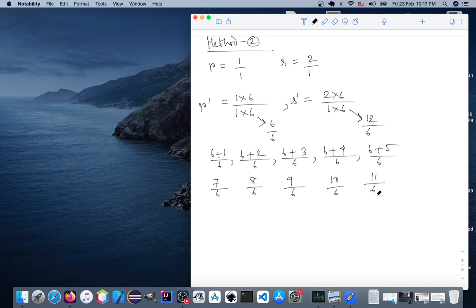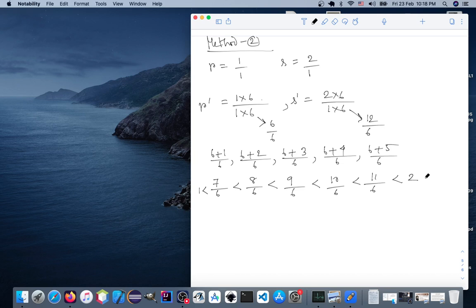These are the 5 rational numbers that lie between R and S. You can see that 1 is less than 7 by 6, is less than 8 by 6, is less than 9 by 6, is less than 10 by 6, is less than 11 by 6, is less than 2.